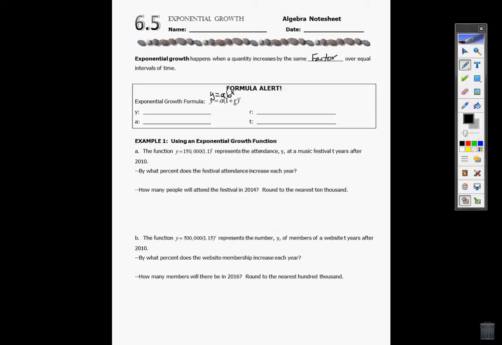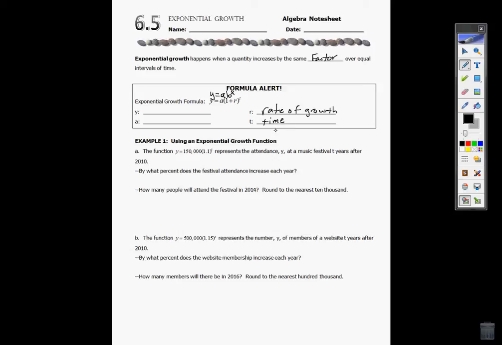Let's start with r, because it's probably the simplest one to remember. r stands for rate, that rate of growth, and that's going to be that same factor we were just talking about. t is going to be an easy one to remember, because most of the time when we see t in an equation, it stands for time.